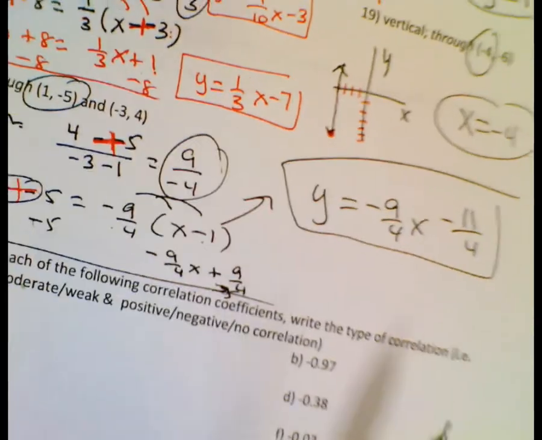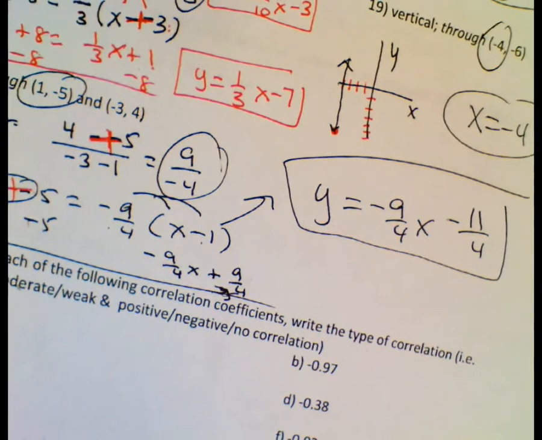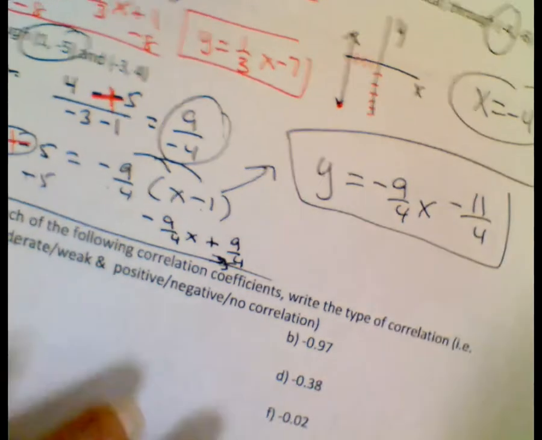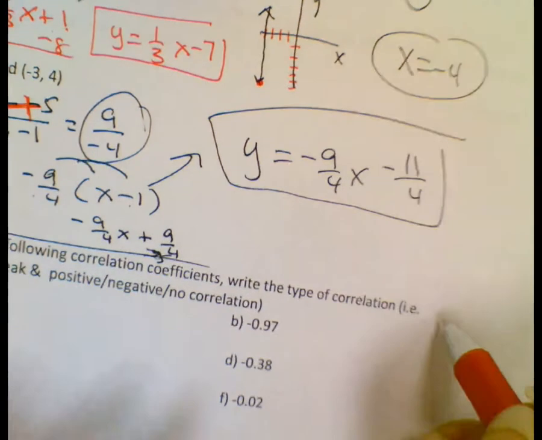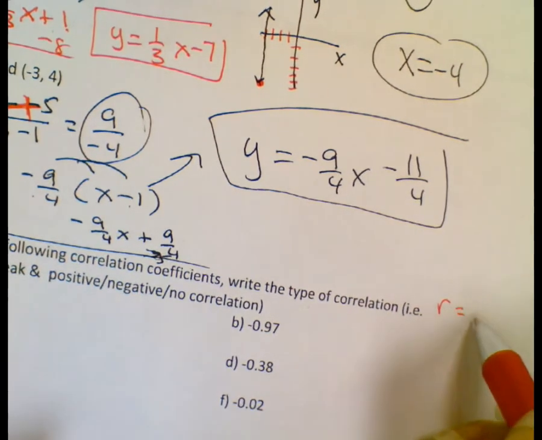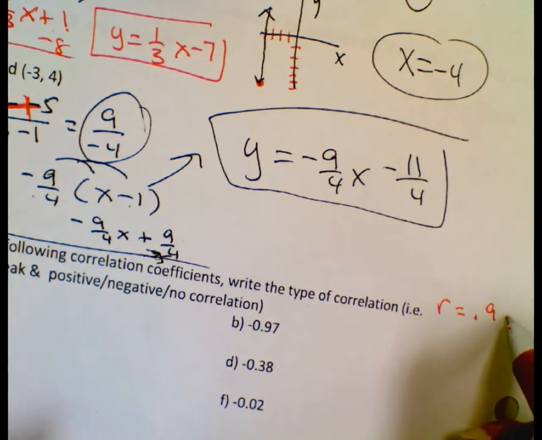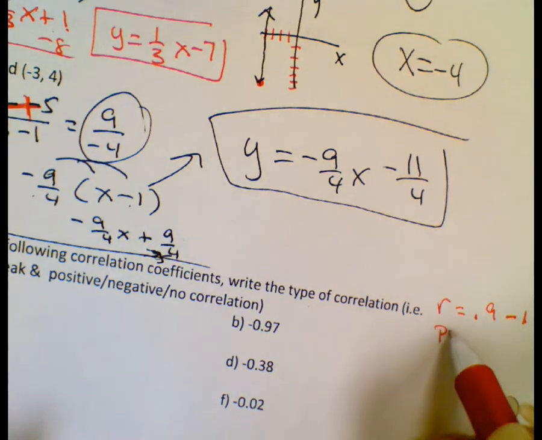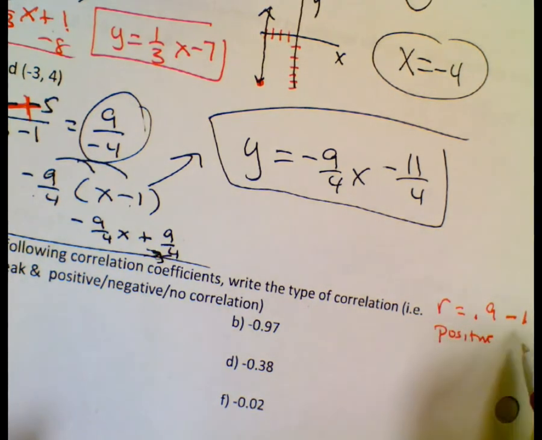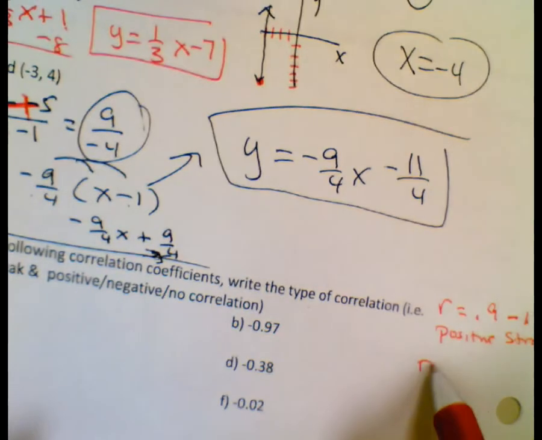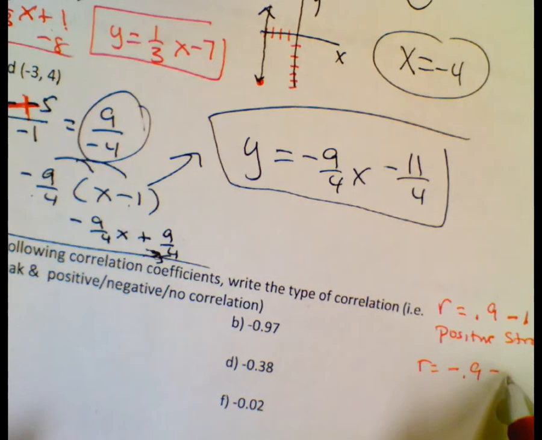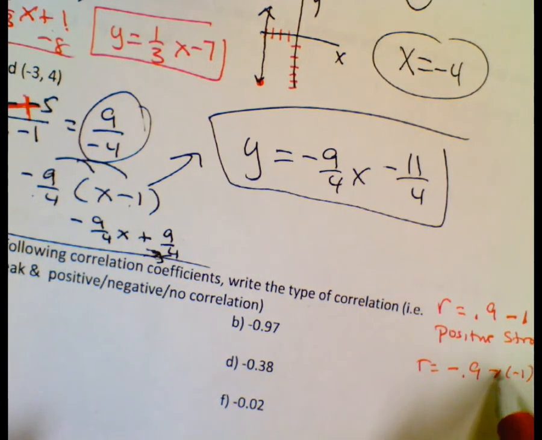Now in this next part, 21, talks about correlations. So basically, if your correlation value, R, is between 0.9 to 1, closer to 1 the better, you're going to say strong positive correlation. If your R is between negative 0.9 and negative 1, then you're going to say strong negative.